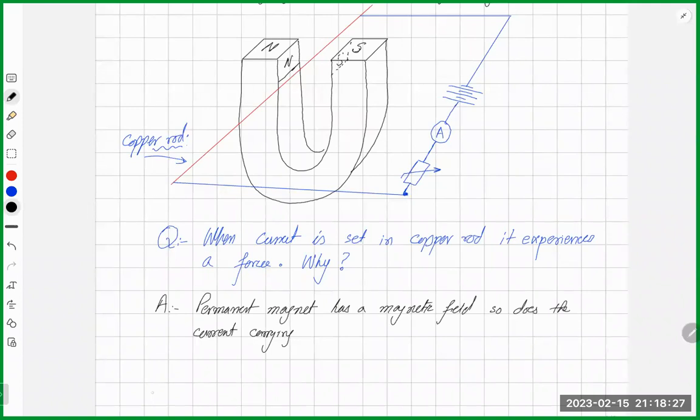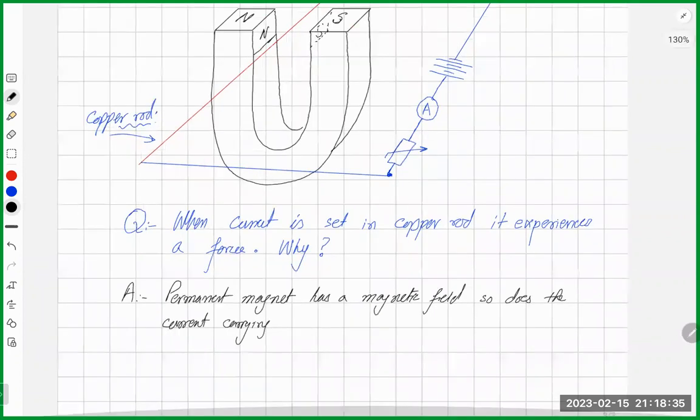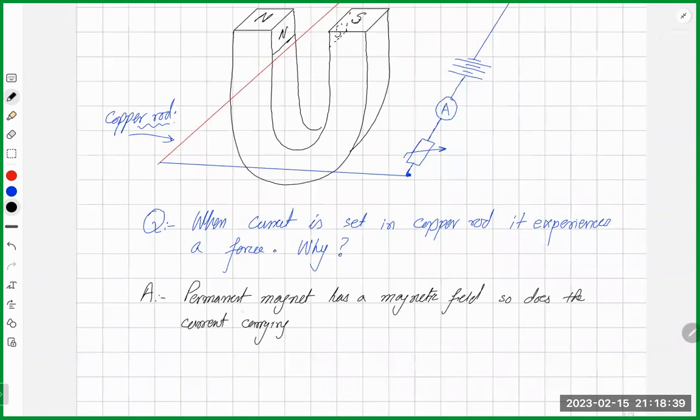Okay. The permanent magnet has a magnetic field. So does the current carrying conductor.